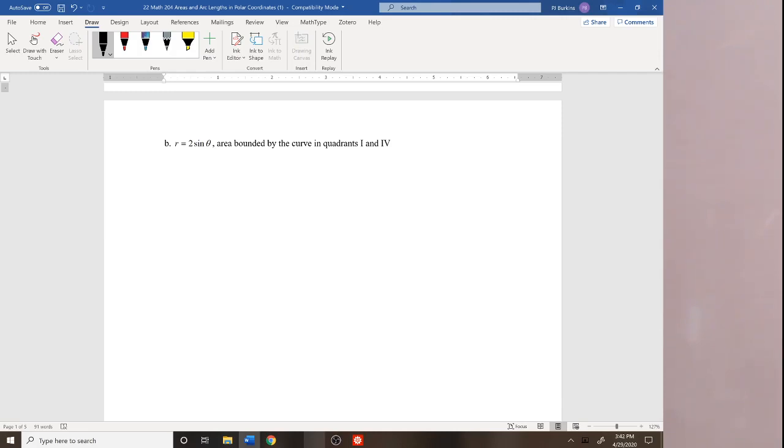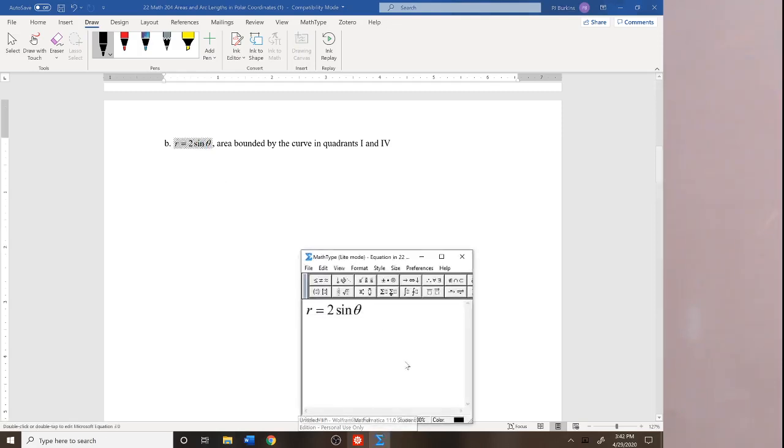Let's see, do we want to do this one? Let's see what this looks like. Oh, I do recall, darn it, I didn't fix this one. Please change this to sine of 2 theta, because 2 sine theta, that's no fun.